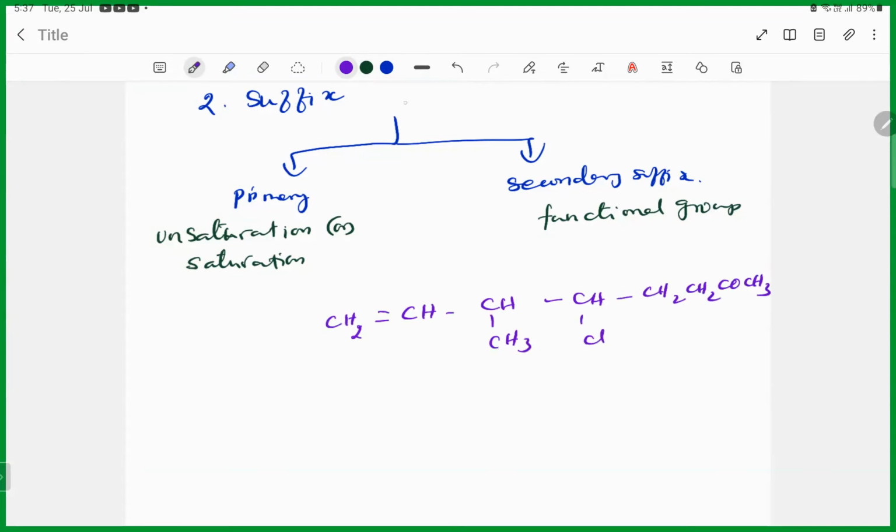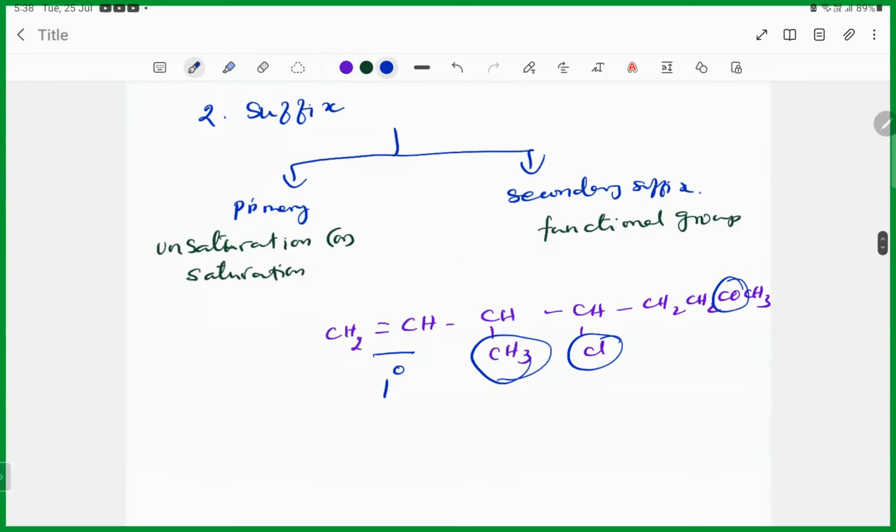Now we have a carbon-carbon double bond, one methyl branching, a chlorine branching, and then a ketone. So what are the primary ones? This will be primary, this primary, this primary, and this will be secondary. This is the main functional group, which we call the secondary suffix.